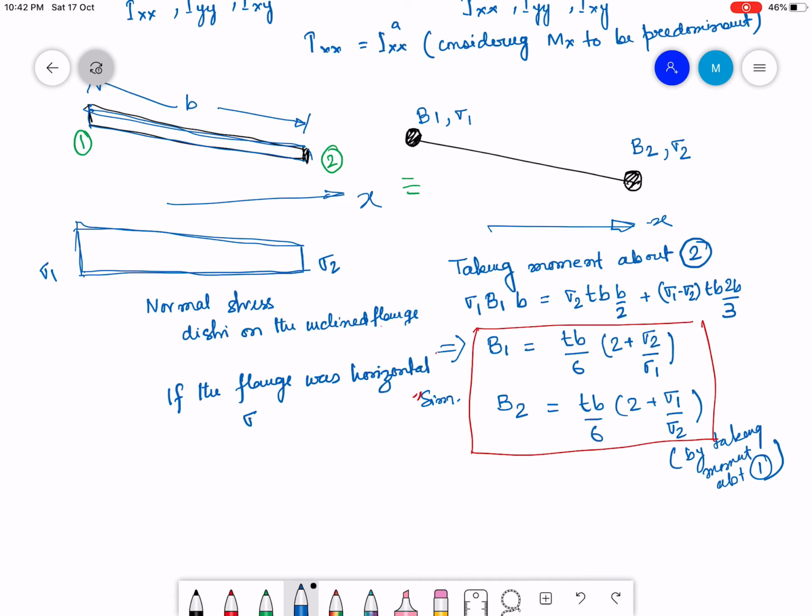Then sigma 2 would have been equal to sigma 1. Then 2 plus sigma 2 by sigma 1 would have been equal to 3, and therefore B1 would have been tB by 6 into 3, which is tB by 2. That is what we have done in the earlier example or earlier derivation, right?